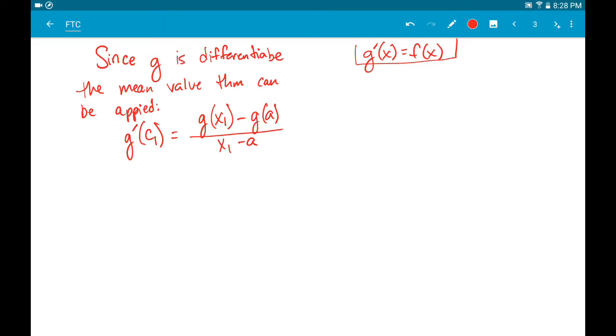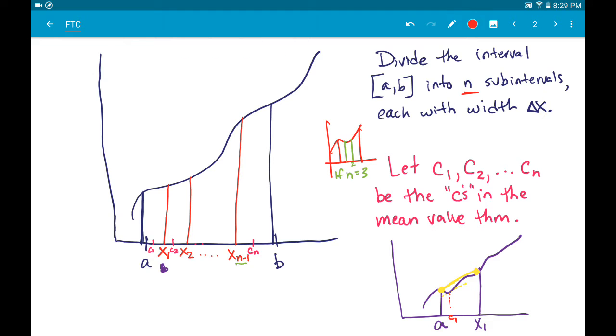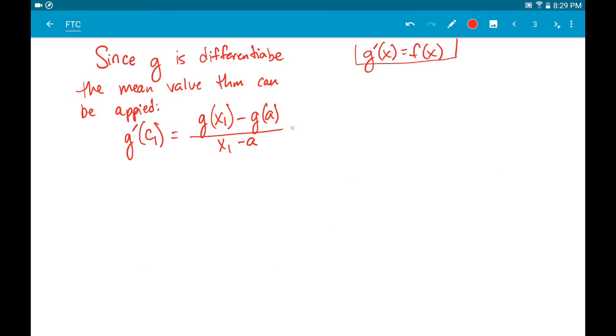And again, if you forgot the picture already, kind of referring to this picture right here, we're talking about the slope between x1 and a over the horizontal change, x1 minus a. And the mean value theorem says we can take the slope at c and make it equal to that. So that's what I'm using to get this piece right here.